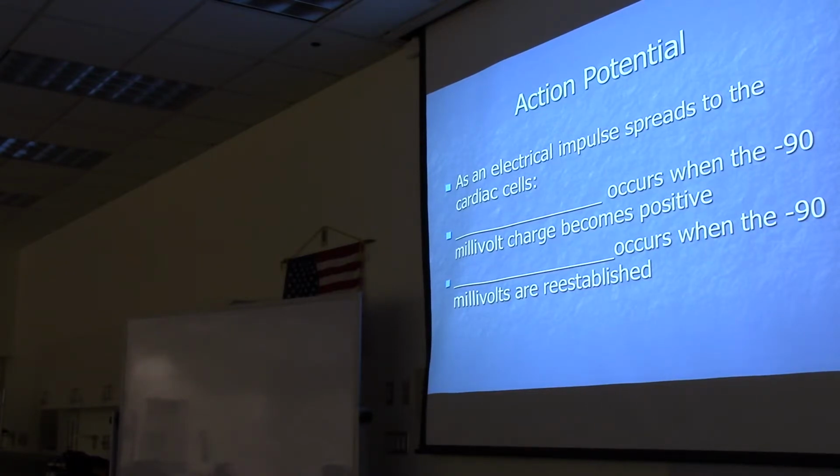It goes from minus 90 millivolts to plus 30. That's called depolarization. And then when it goes back to its resting charge of minus 90 millivolts, what is that called? Repolarization. So you write that one in also.